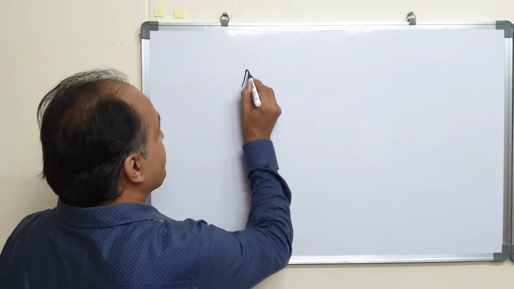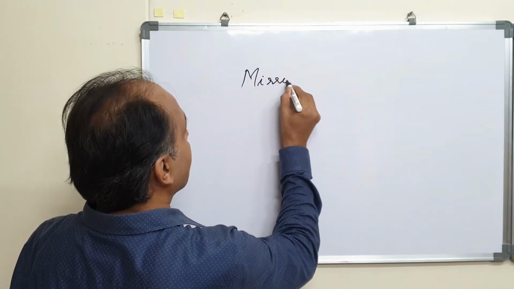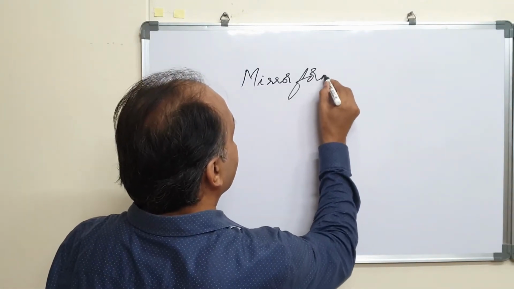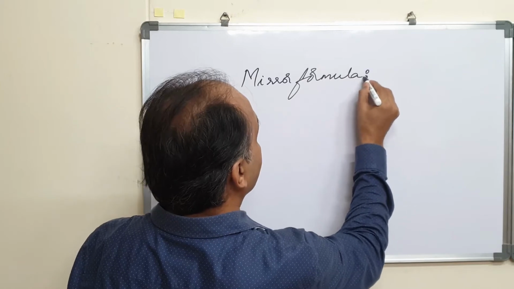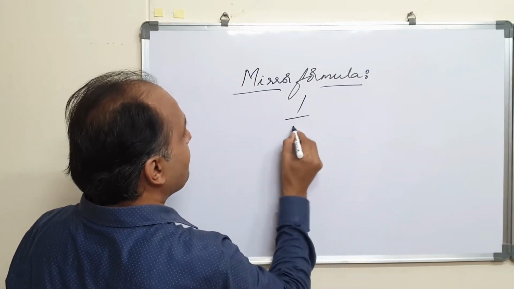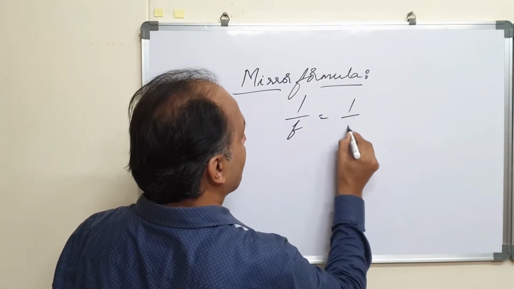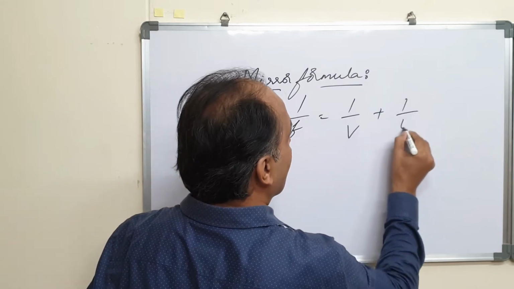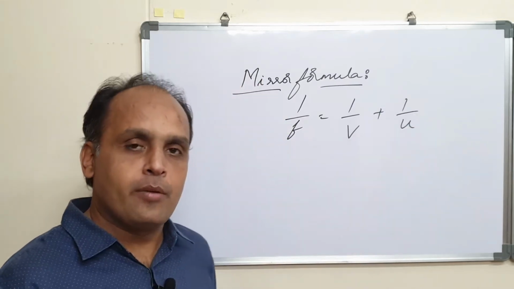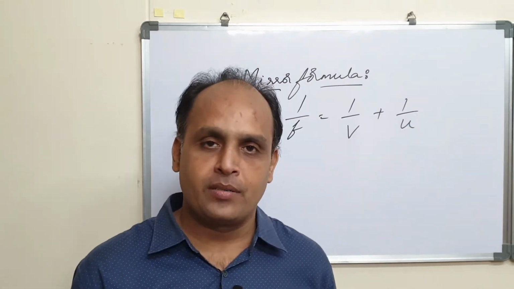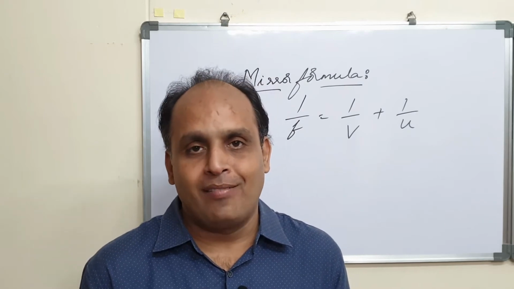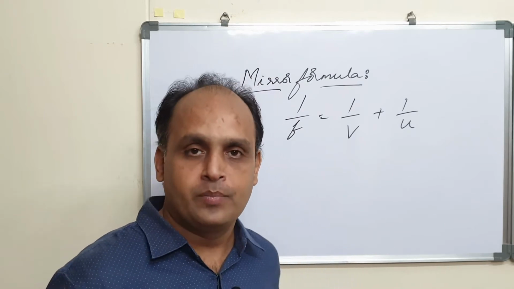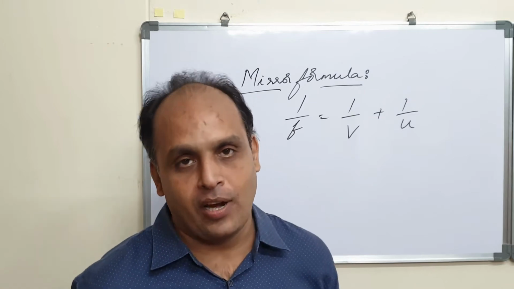So the mirror formula for spherical mirrors, concave and convex mirrors, is 1 by f is equal to 1 by v plus 1 by u. You do not have the derivation of this formula in your class. You will be learning it in your higher classes.